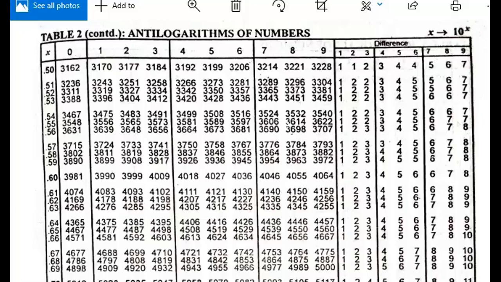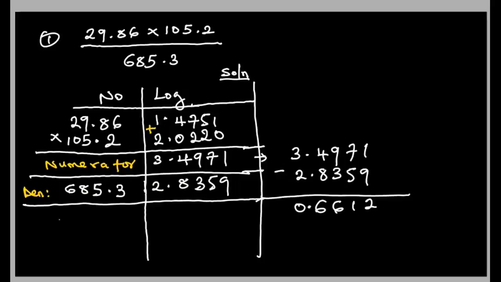From the anti-log table, 0.66 under 1 is 4581. Then difference of 2 is also 2. So when we add these values, we have our answer to be 4583. Yes, we have 4583 here.